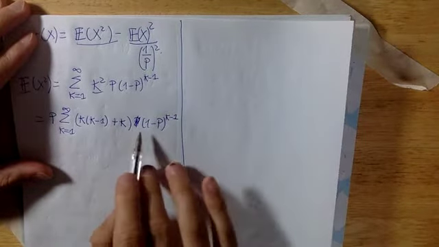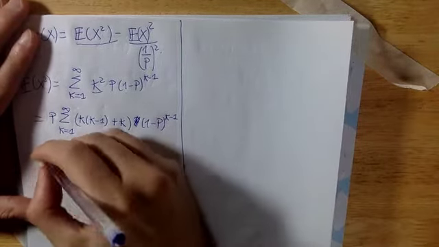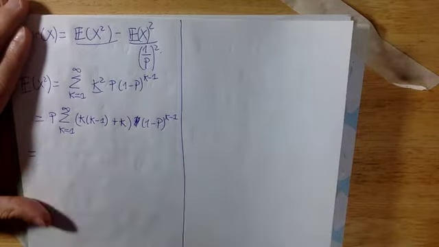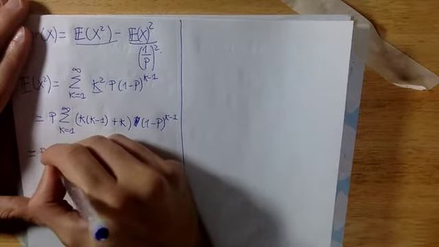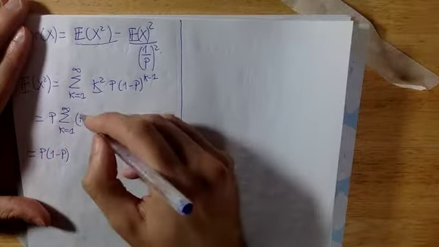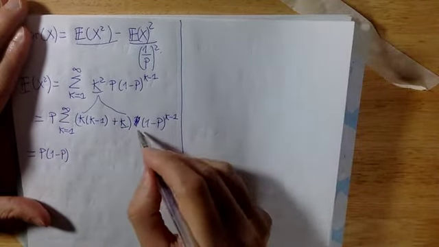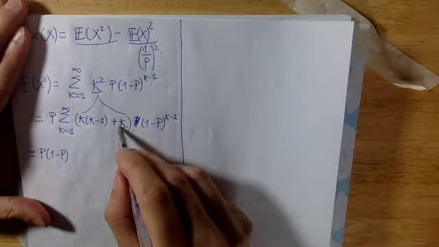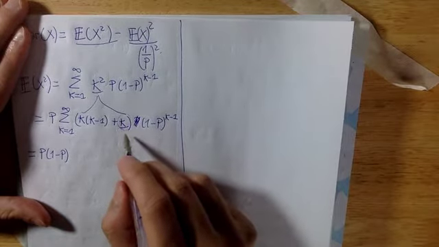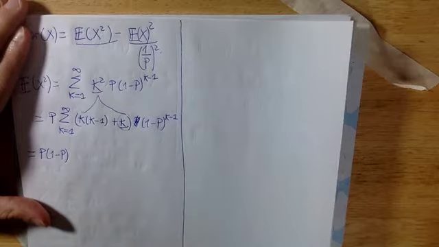So now what you should realize is the following. You can rewrite this as p times (1 minus p). So here I have just rewritten this in a different way. This term we already know how to calculate. This term is the one coming from the expectation, which is going to be 1 over p.